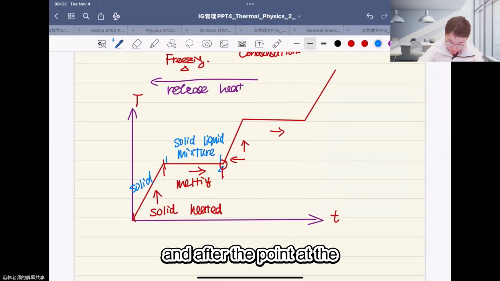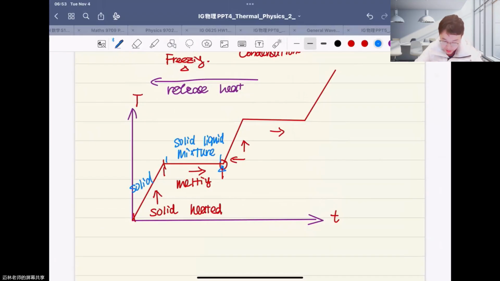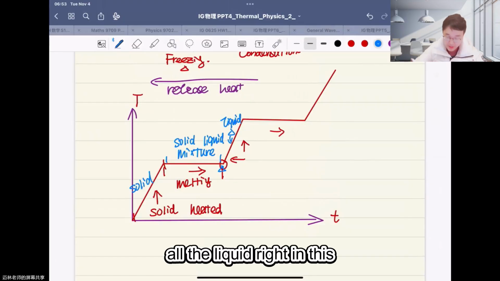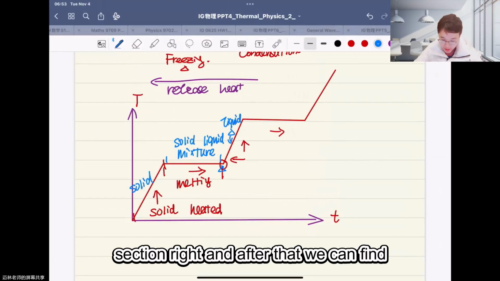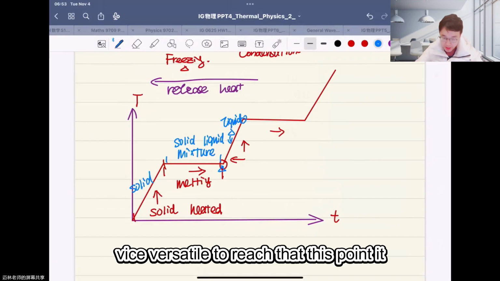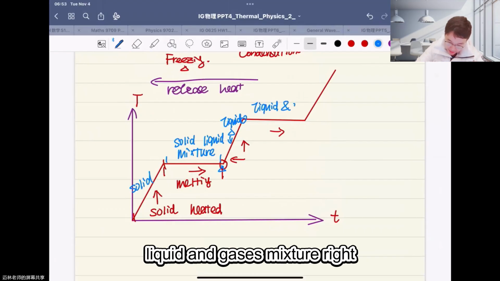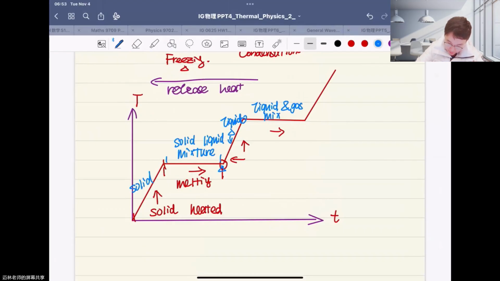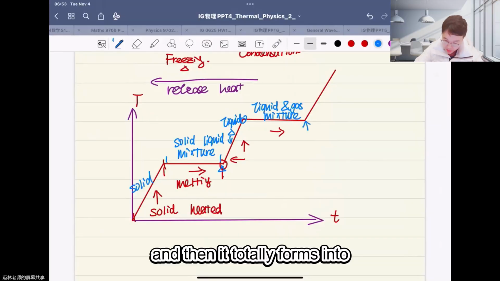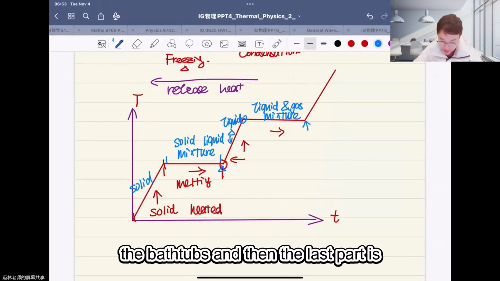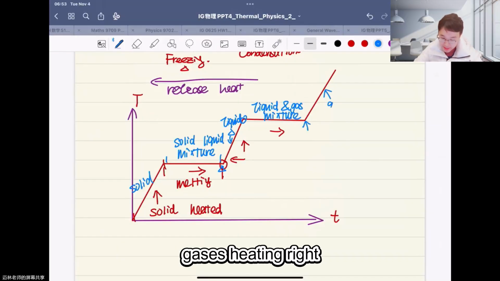And after the melting point, we can say here is all liquid, in this section, right? And after that, once it reaches this point, it comes to the boiling point, right? So here is a liquid and gases mixture, right? And then it totally forms into the gases. And then the last part is gases heating, right?